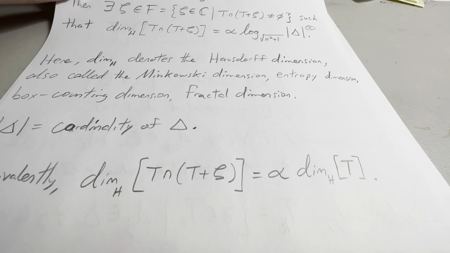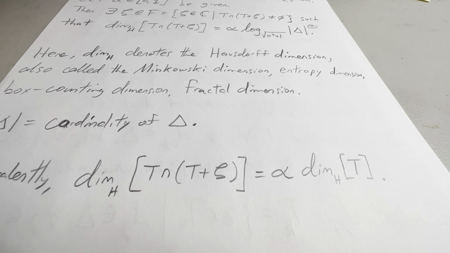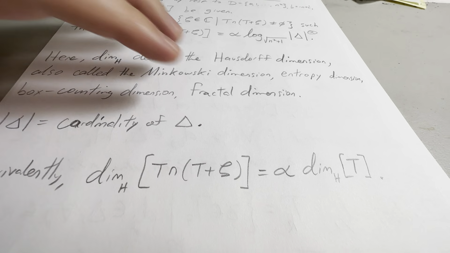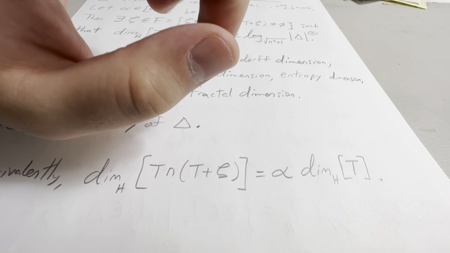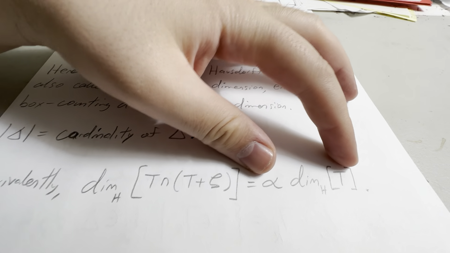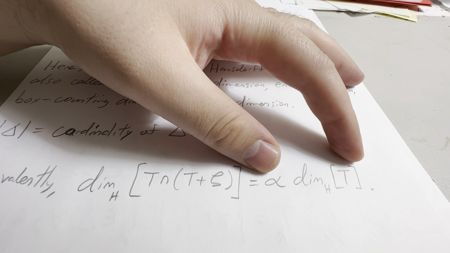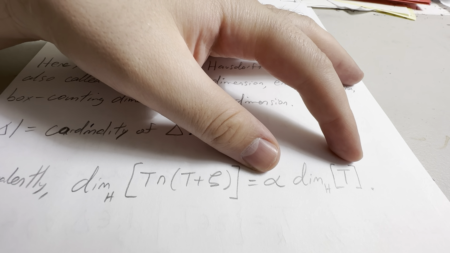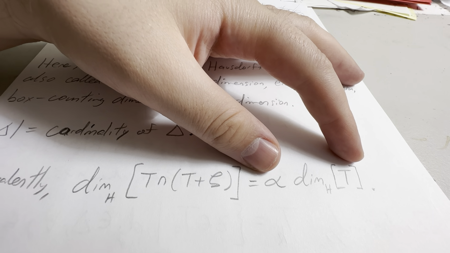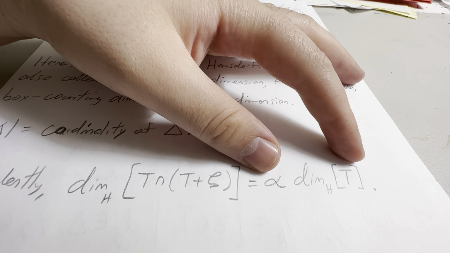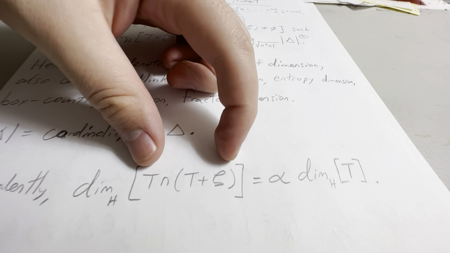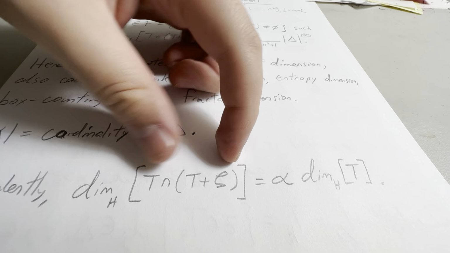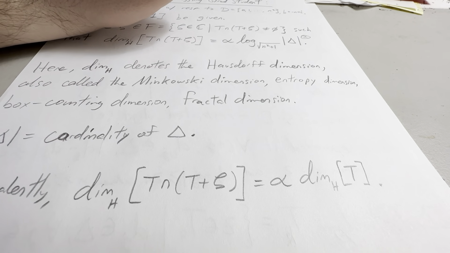They're equivalent statements, essentially. So this number that's over here on the right-hand side varies between 0 and the dimension of T. And essentially what this is saying is that given any number between 0 and the dimension of T, you can find a subset of that Cantor tile such that its Hausdorff dimension is equal to that number that you picked over here, more or less.